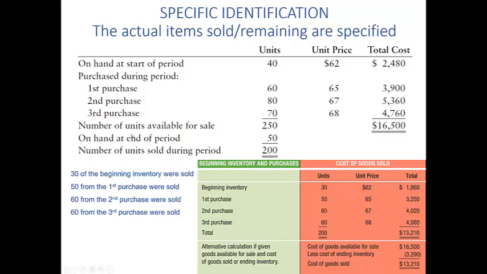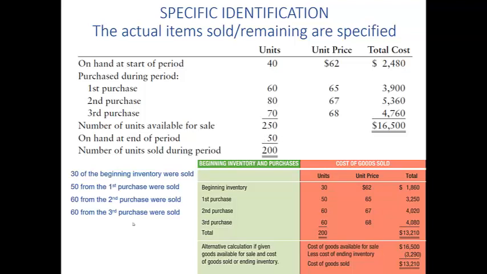At the end of the year, they did a physical inventory, and 50 units were found still on hand. So the question is, how much did these 200 units cost that we sold, and how much did these 50 units cost that we still have on hand in ending inventory?